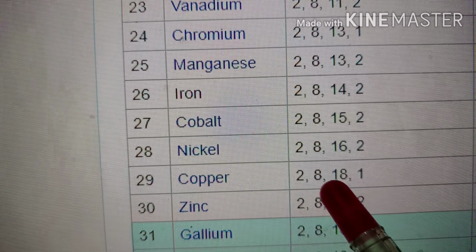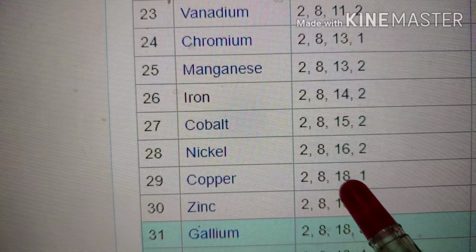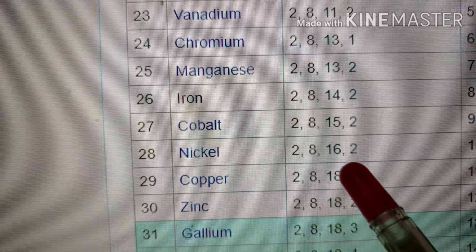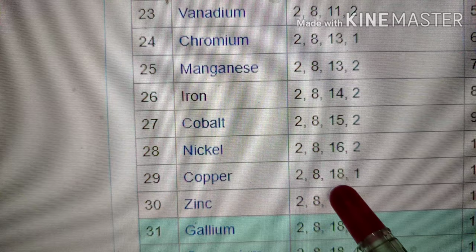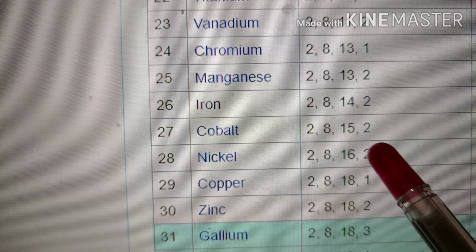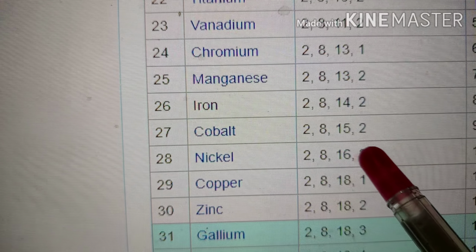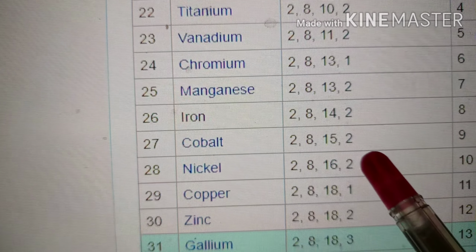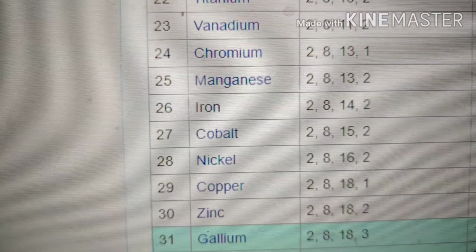So the rule is, if more than 18 electrons are there, then only it will fulfill 18 electrons in its third shell. Up to 18 electrons, it will transfer as much as possible to the next shell. It will be maximum up to 3.